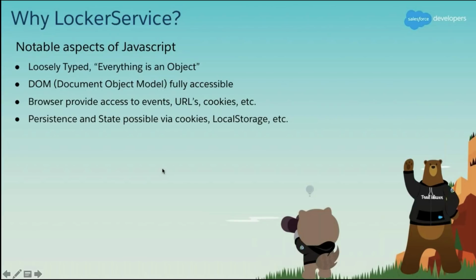In order to understand why we need Locker Service, let's talk about a few of the notable aspects of JavaScript. We know that JavaScript is a loosely typed language, and everything in JavaScript is an object. In JavaScript, we can access the DOM fully. And one more important point: browsers also provide access to events, URLs, and cookies.